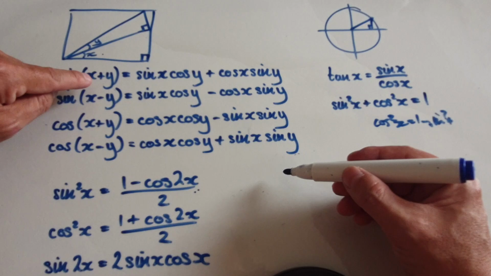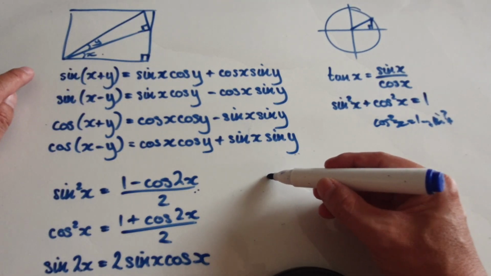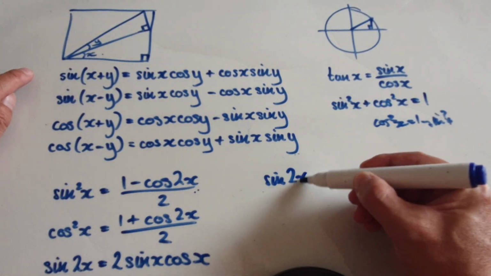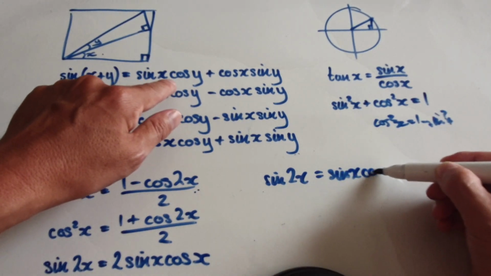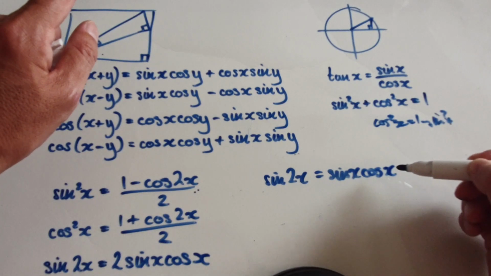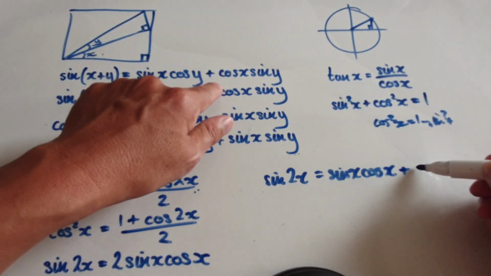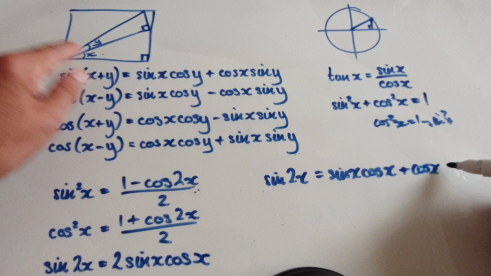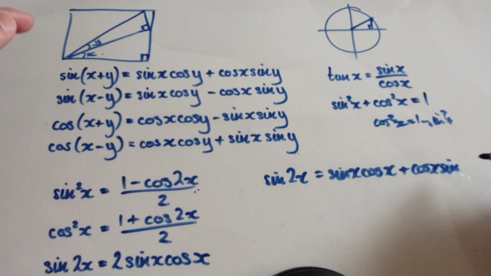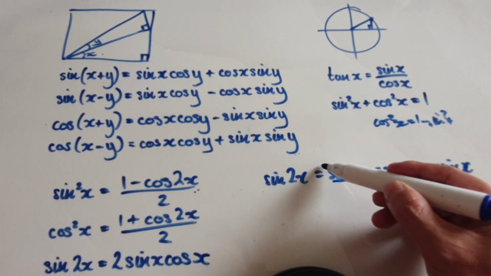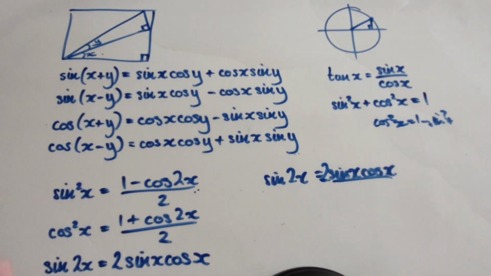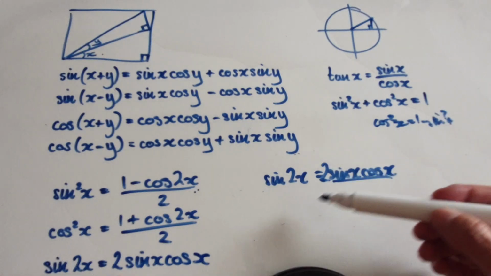It would be the same angle. So that would be sine 2x. And then that equals sine x cos x, the other angle is also x. And then this one here would be cos x sine x, the other angle happens to also be x. So now exactly the same. That gives you 2 lots. So that's where this comes from.